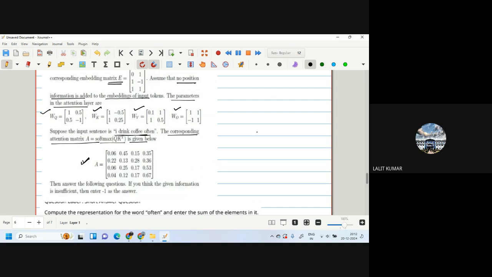A has been given to us and your representation, which we get, Z is equal to A into V. Now this A, where is often? Often will be here. It is I drink coffee often. So only for often, only this row is applicable to me.